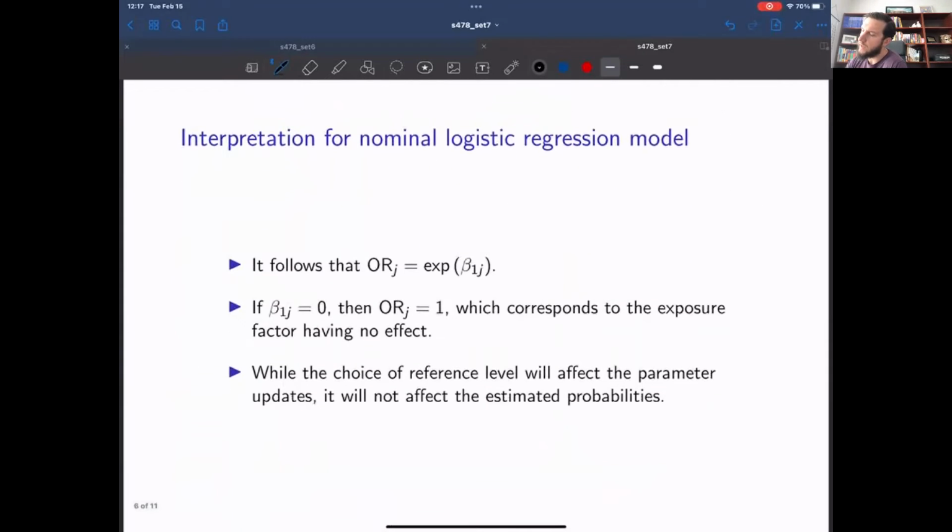So if beta 1 j is equal to 0, that means that the odds ratio is equal to 1. If the odds ratio is equal to 1, it means that the odds of presence are the same in the jth category and the first category, which means that there's no additional effect in that particular category.